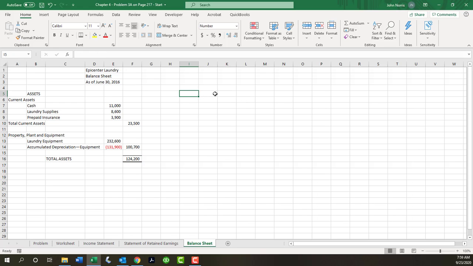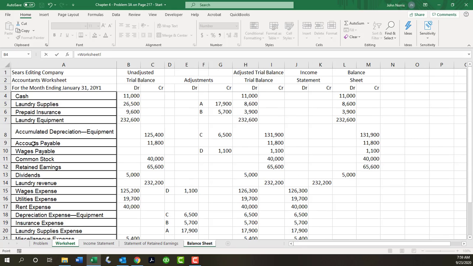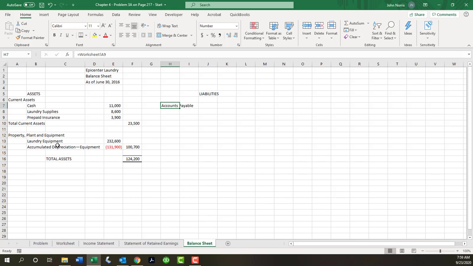Liabilities consists of the accounts payable. Actually, this is current liabilities.